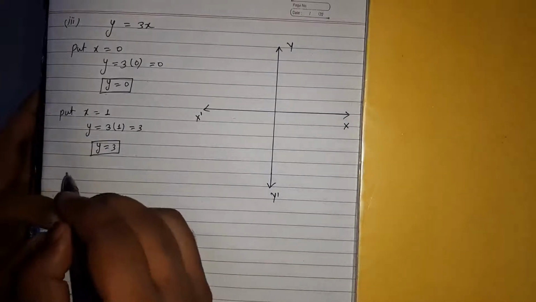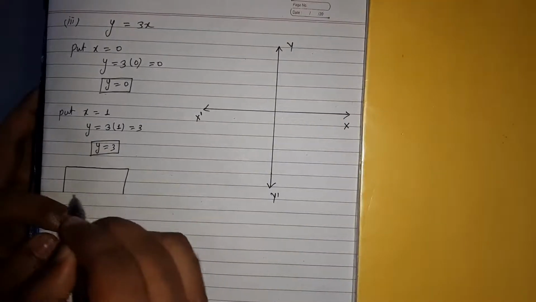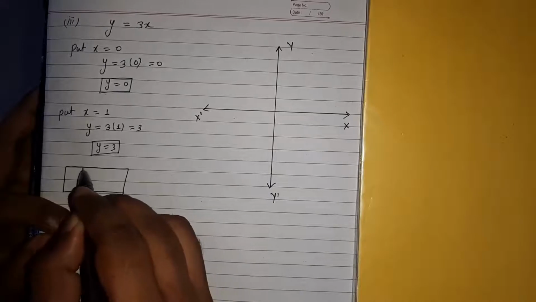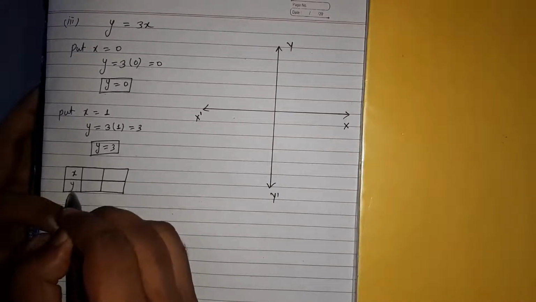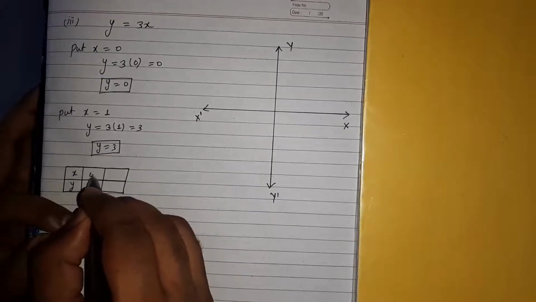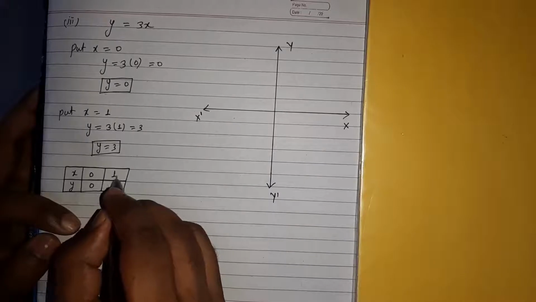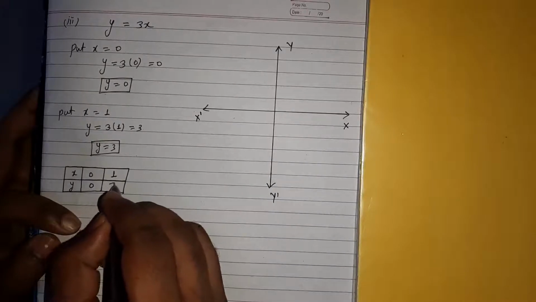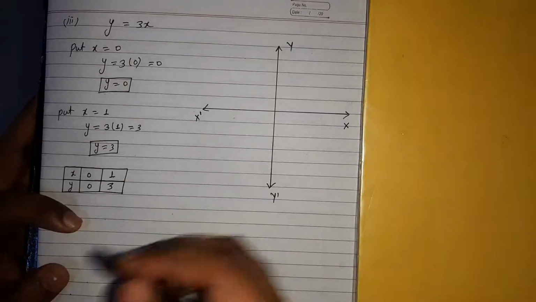Now we will put these values in a table. Like this we can put x y. The first solution is x is equal to 0 and y is equal to 0. The second solution is x is equal to 1 and y is equal to 3. Now we will plot these points on the graph paper.